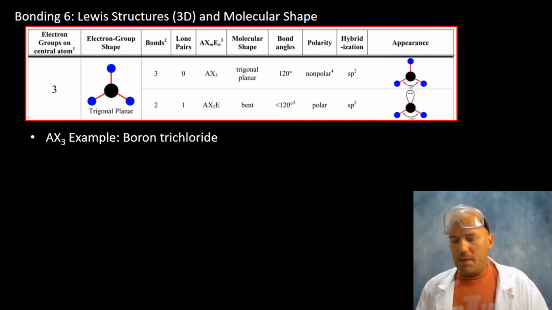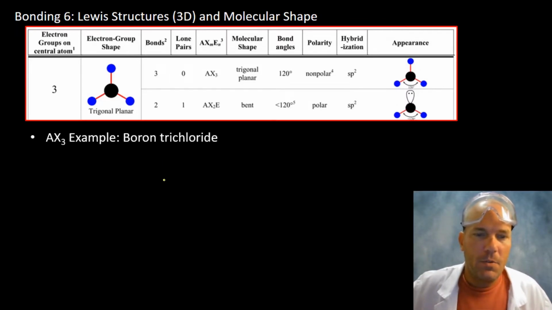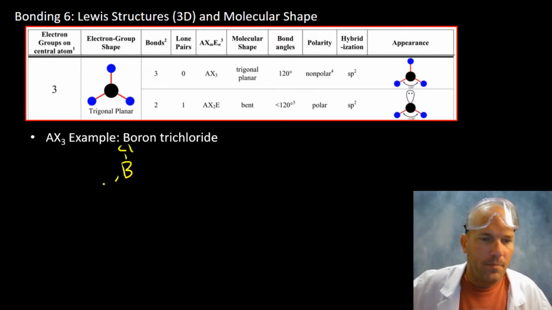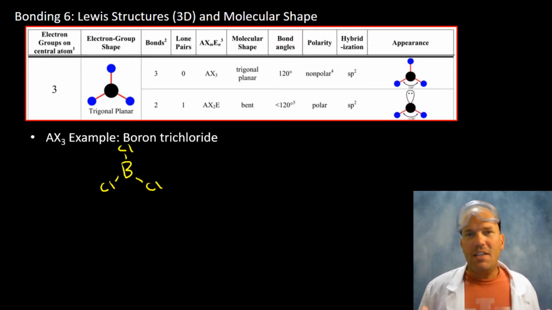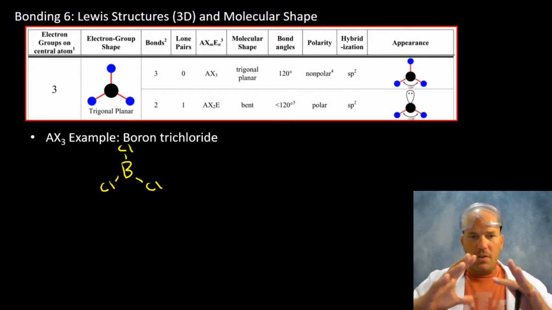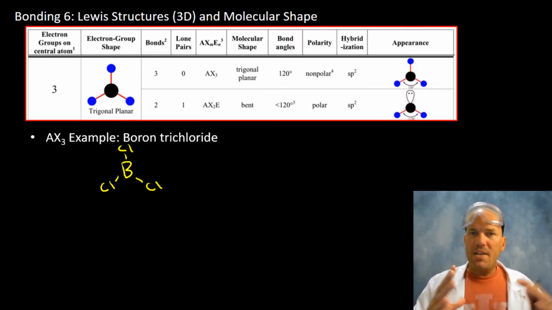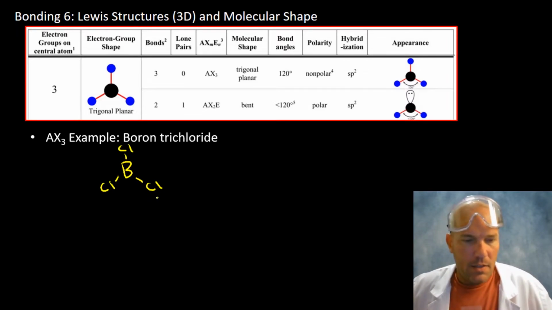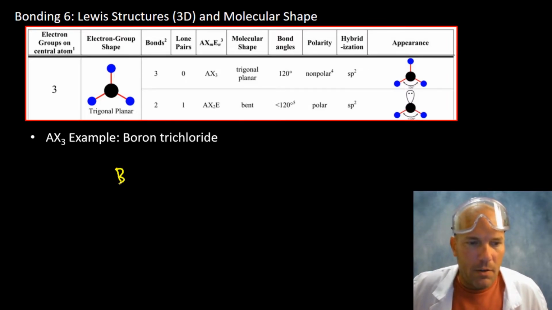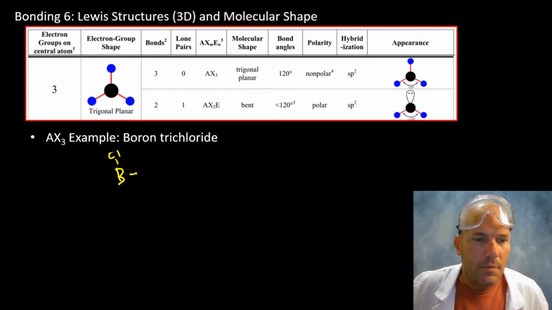Let's look at this example here. Boron trichloride. Now I am simply drawing my skeletal structure, acknowledging that these electrons are going to try to minimize repulsion. That's the lowest energy, so I'm spreading them out like that.